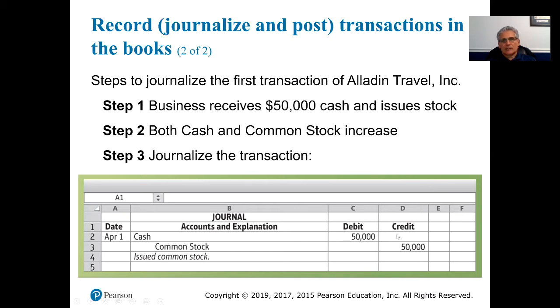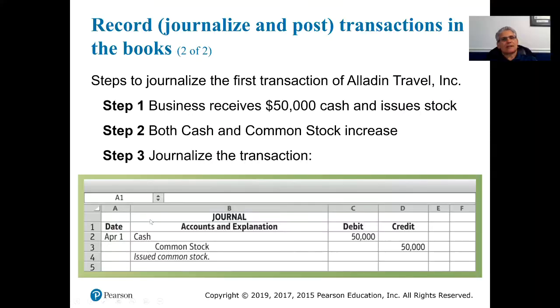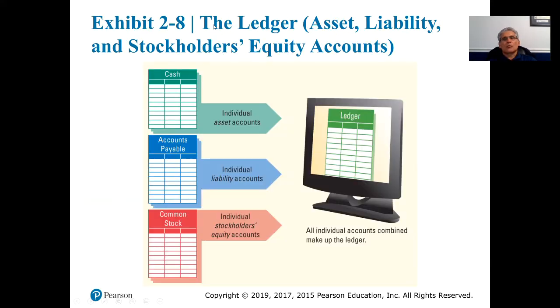Common stock, credit, $50,000. So this is the formal way it would be entered into an accounting system. Here is how it looks as it impacts the assets, liabilities, and equities, but the entry itself would be recorded like this. What we looked at in the previous slide is the journal.